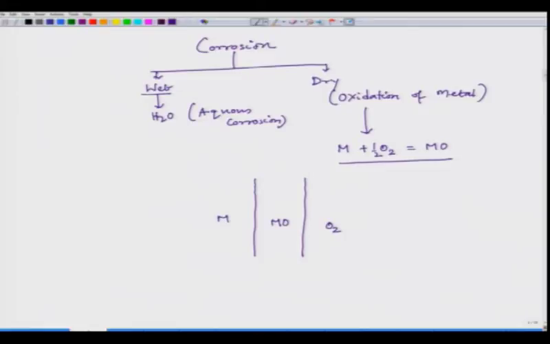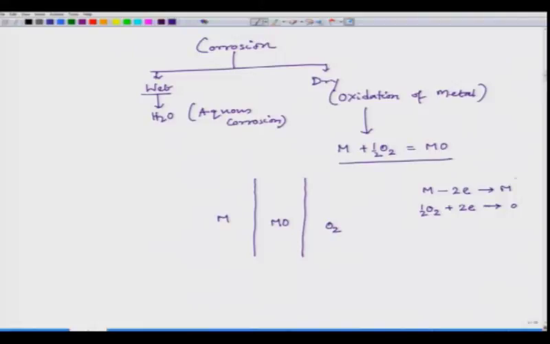Now, in the beginning, if we consider that there was nothing, so we have a metal surface M, which is going to leave 2 electrons and form M2+. And if we consider half oxygen, that means 1 oxygen atom, it takes 2 electrons and forms O2-.